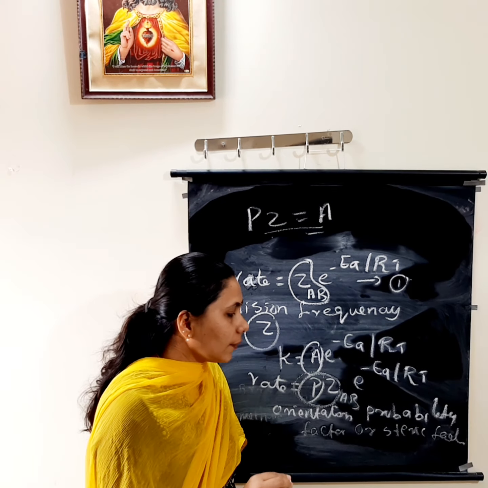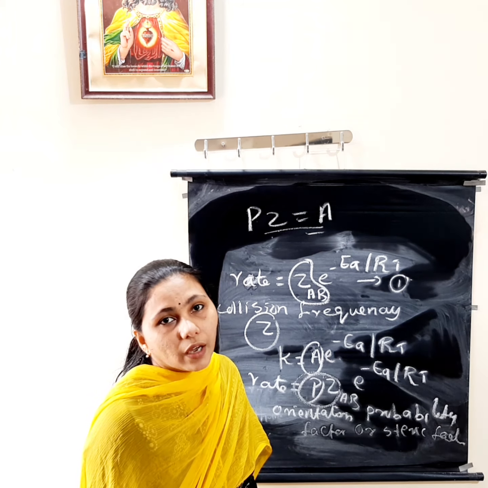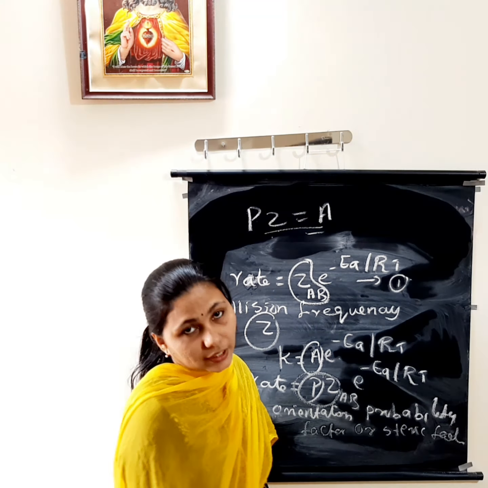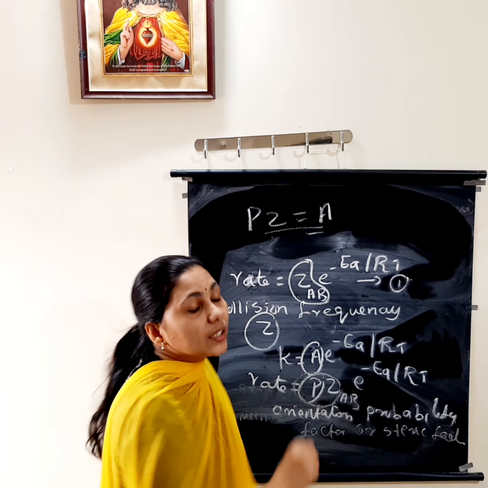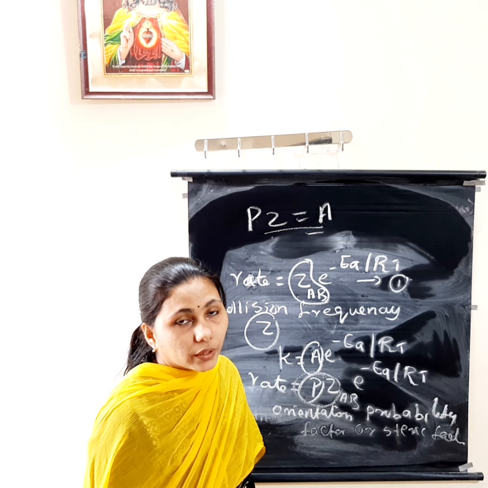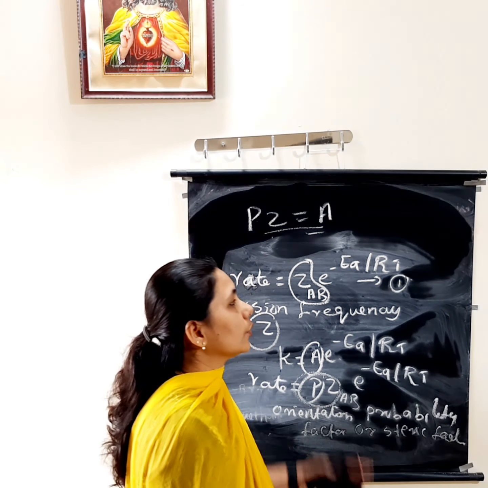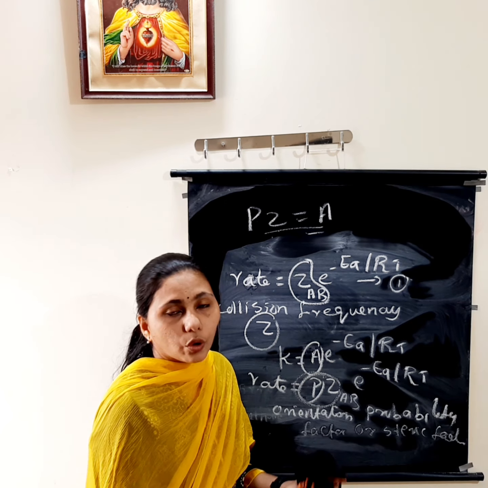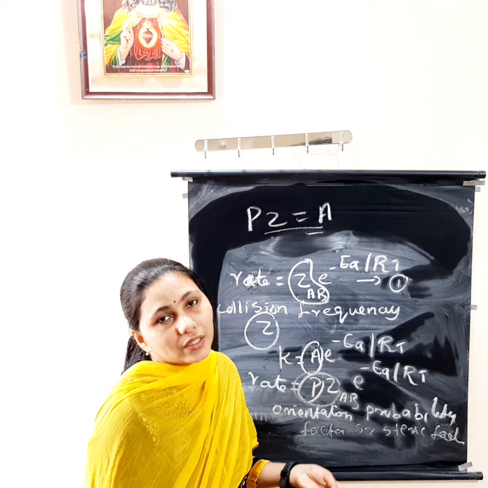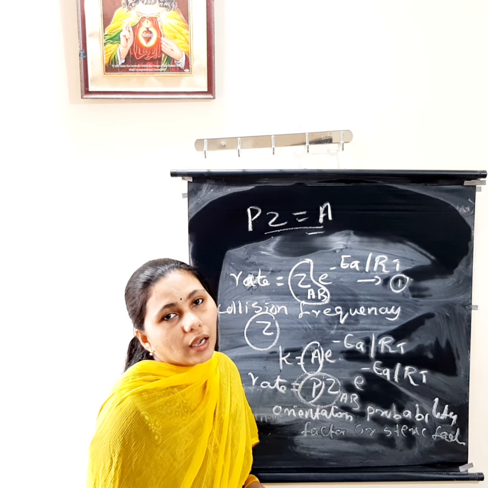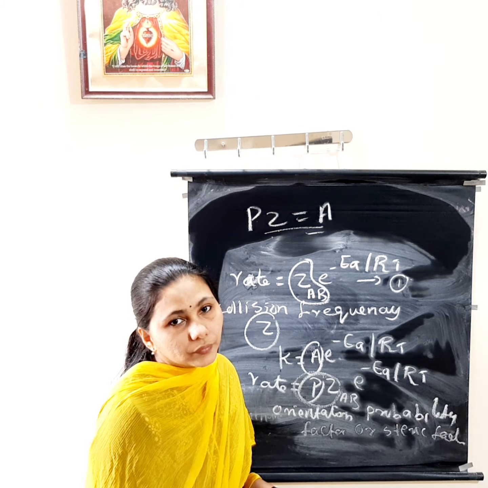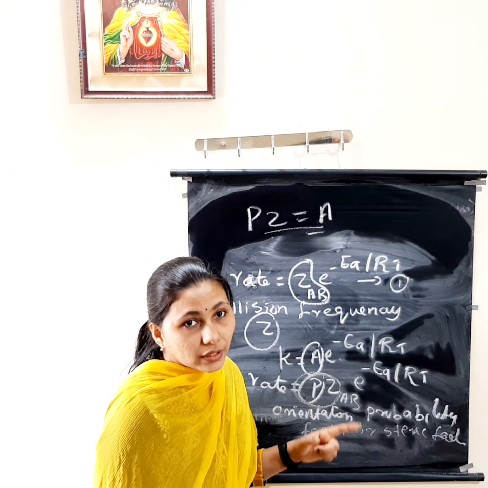The third is that the calculated value of the rate constant using this equation is very high compared to the actual or measured value. So that is the end of this chapter.